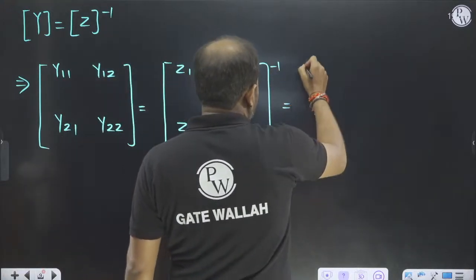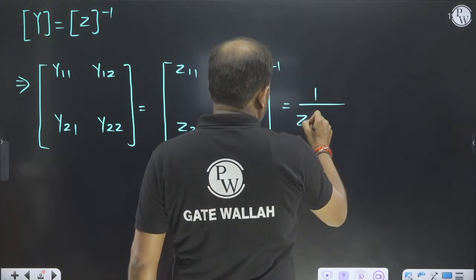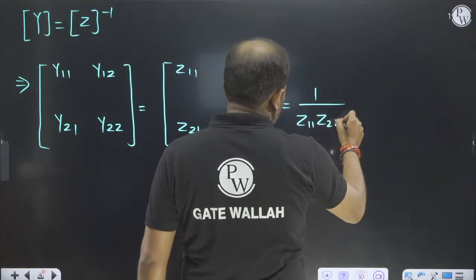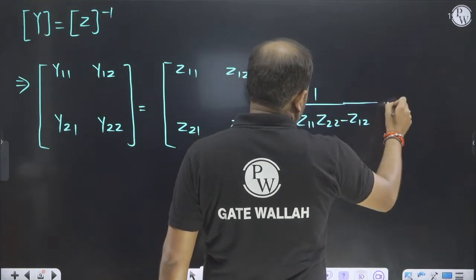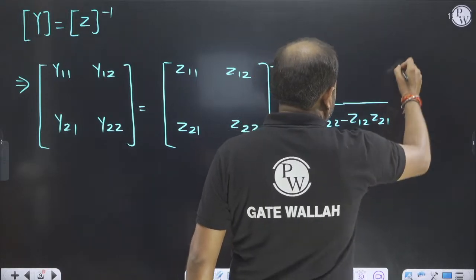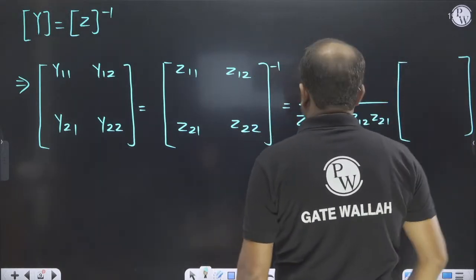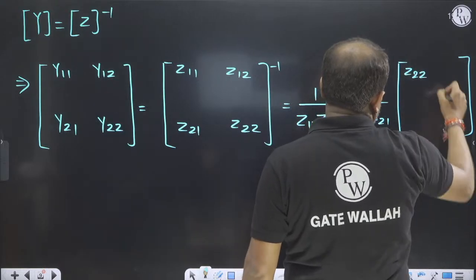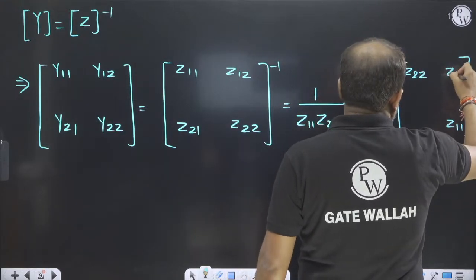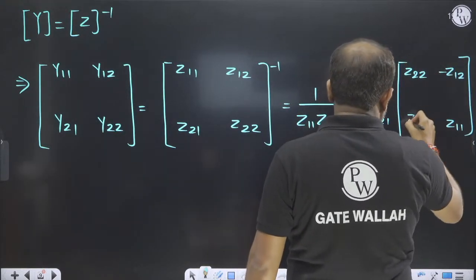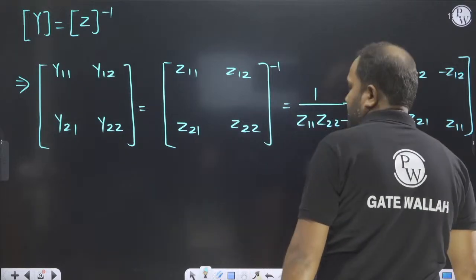The determinant of Z is Z11 Z22 minus Z12 Z21, and the inverse matrix will be written as 1 by delta Z times Z22 and Z11, with Z12 negative and Z21 negative.